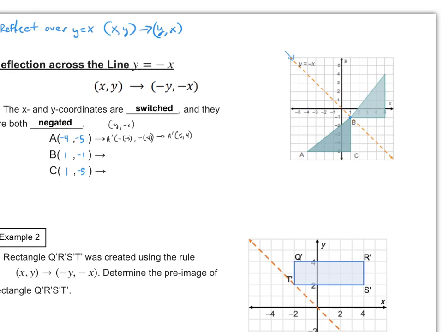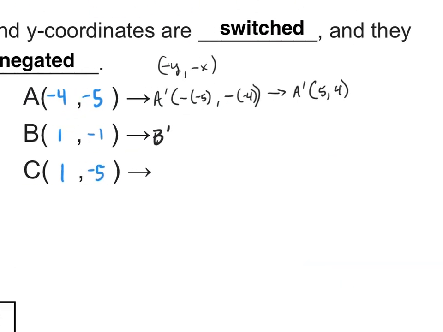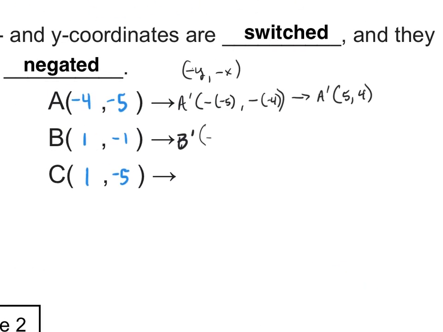Okay, so I come over here, I look, A prime should be 1, 2, 3, 4, 5, 4. This is A prime, so that's my new A location. B prime should be (-1, -1), which is going to be (1, -1).